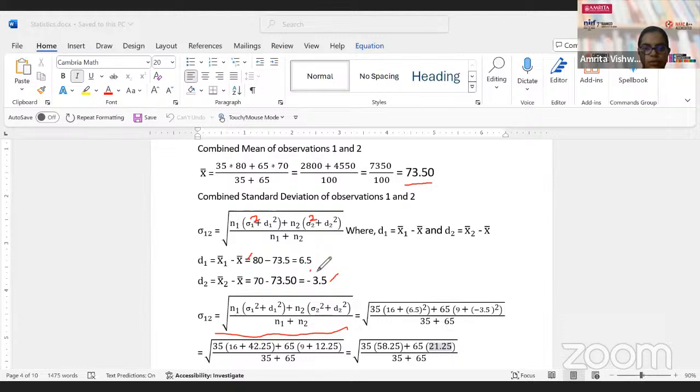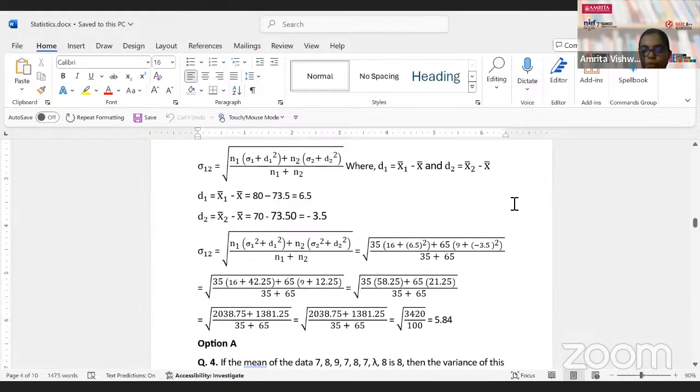You have n1 and sigma 1 already given in the question, and you found d1 and d2. So it's just basic substitution: understanding the formula, substituting all the details, and finding d1 and d2.